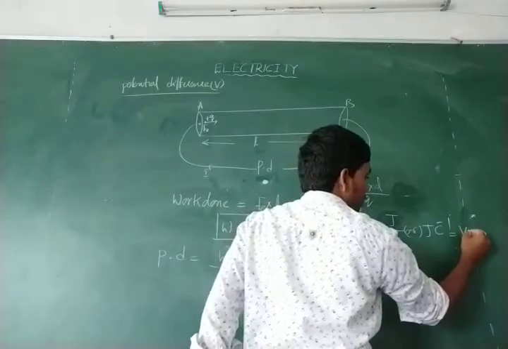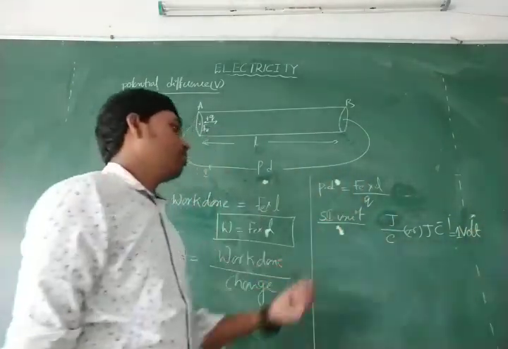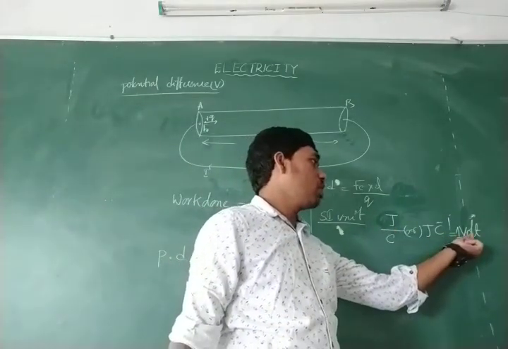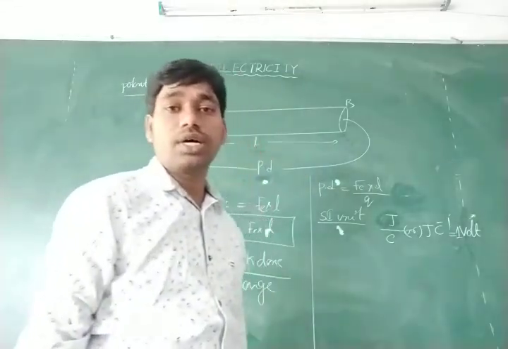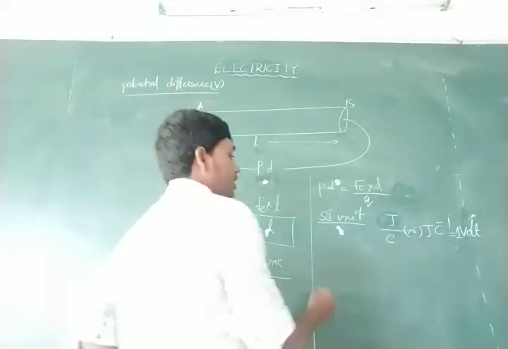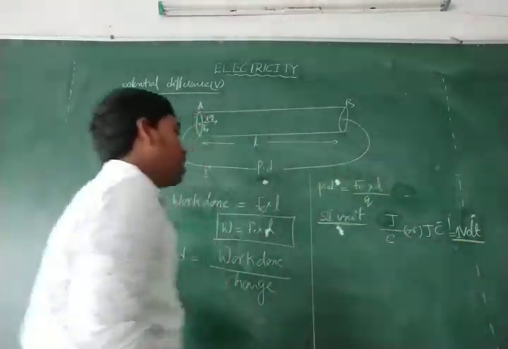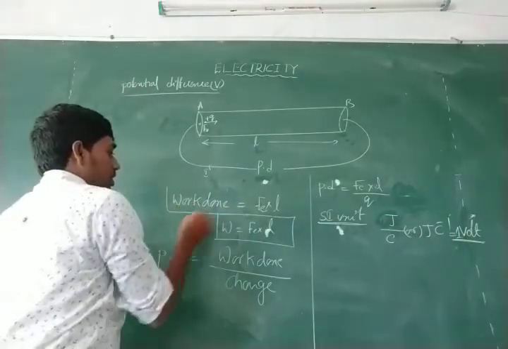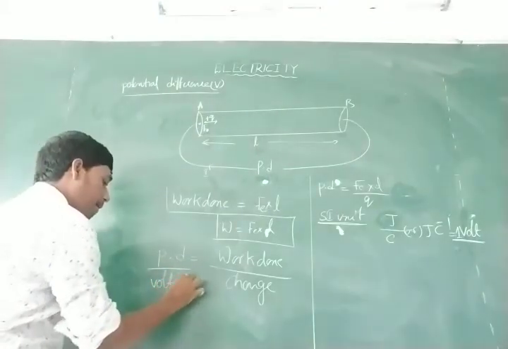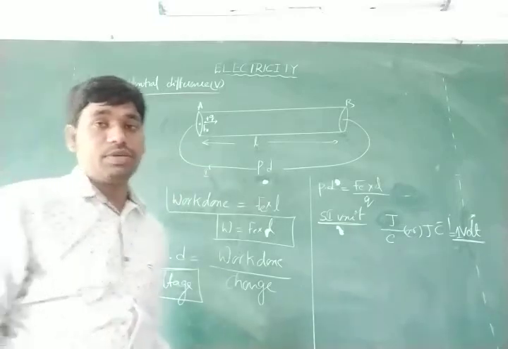So it is nothing but volt, 1 volt. It is represented with V. So the SI unit of potential difference is volts, or another name for the potential difference is voltage.